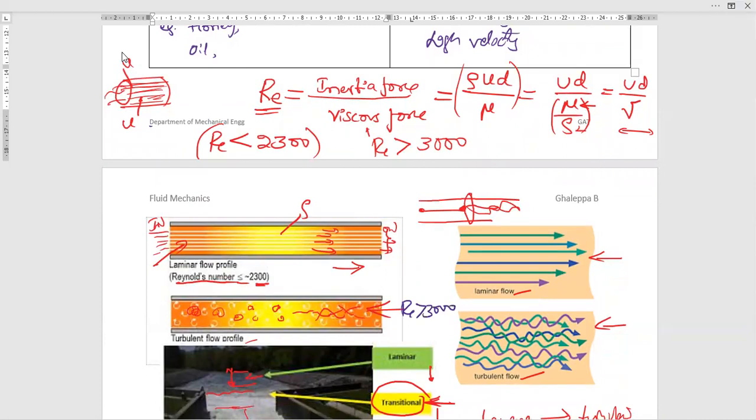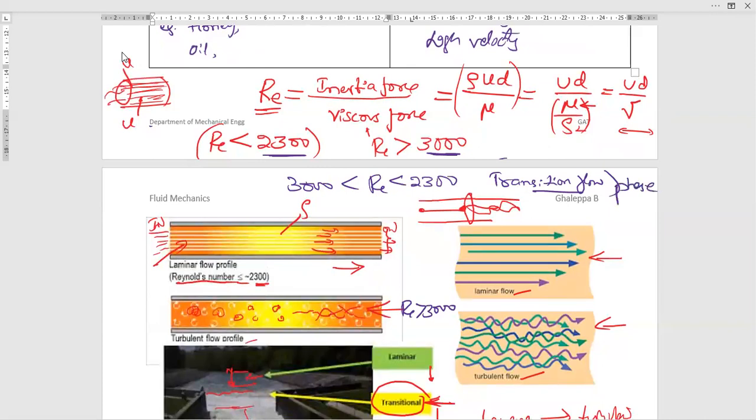Now, there will be a Reynolds number between 2300 and 3000. If it is more than 2300 and less than 3000, that type of flow is a transition flow.